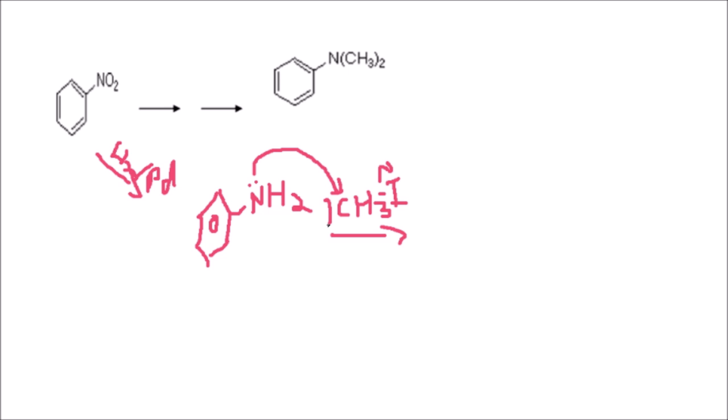So you need two of those, 2 moles. So you could get 2 ethyl groups instead of the hydrogens, and you could get your final product, which is like that.